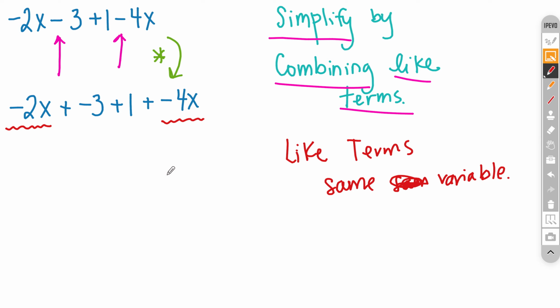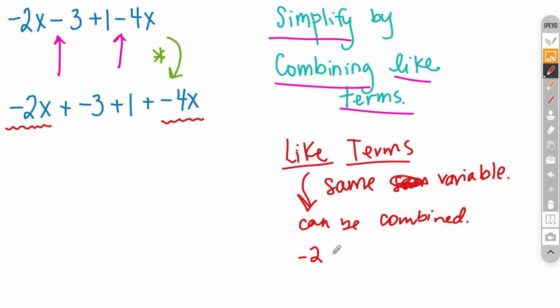So they can be combined. Like terms can be combined. So then you're just thinking, what's negative 2 plus negative 4? Well, that's negative 6. So then we get negative 6x.